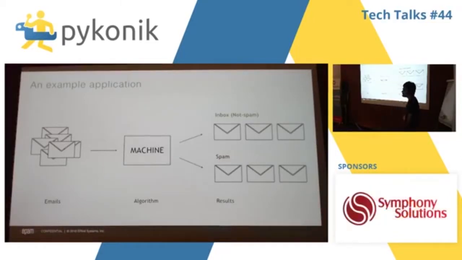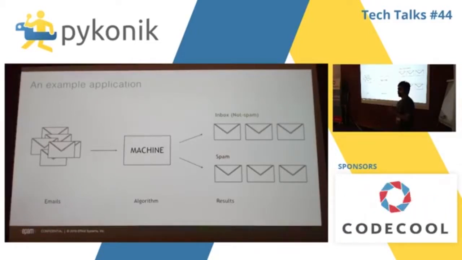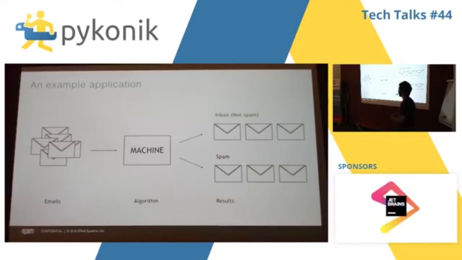And we have an algorithm, let's say a machine. The algorithm says this is not spam, so it can go to the inbox. And the second option is spam, so it shouldn't be visible in the inbox.